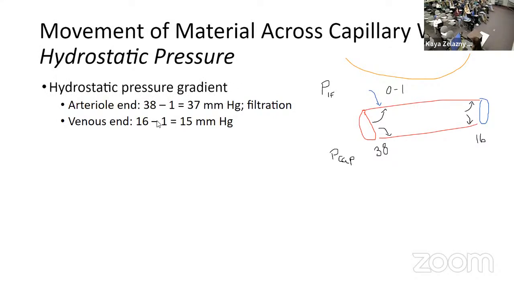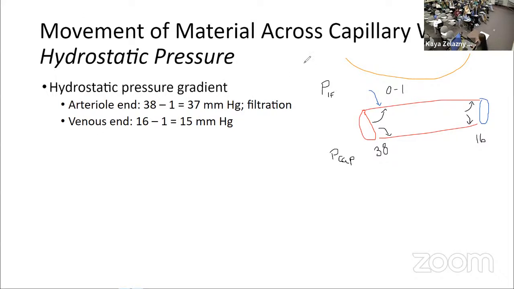So we can calculate for each of these ends now a pressure gradient for our hydrostatic pressures. We would just do that through subtraction, right? So we're figuring out how much force do we have for filtration, the direction going towards the interstitial fluid, minus how much force do we have for absorption, anything pushing or pulling back towards the blood.